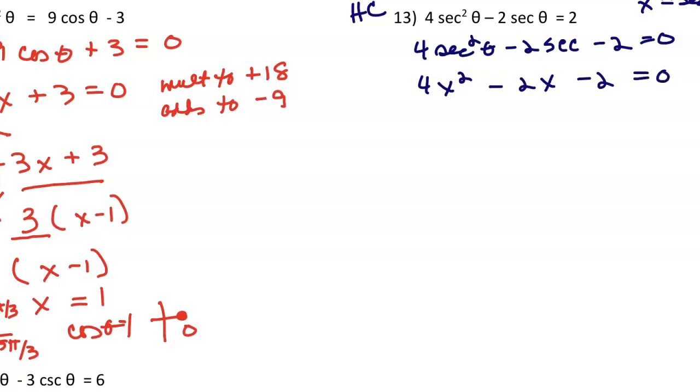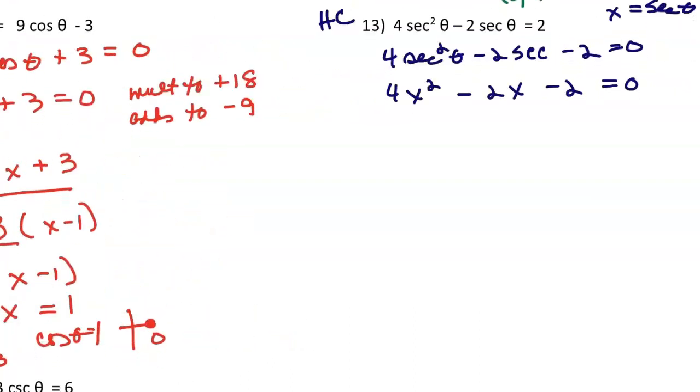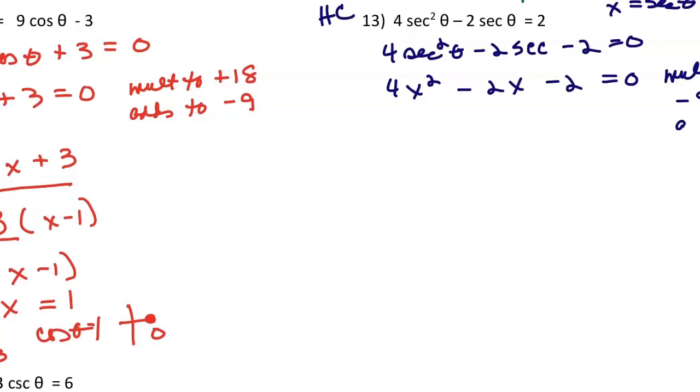And I'm going to say to myself, what two numbers multiply, negative 2 times a 4, to a negative 8, and then they have to add to a negative 2. So what two numbers will do that? Okay, 4 and 2 multiply to an 8.